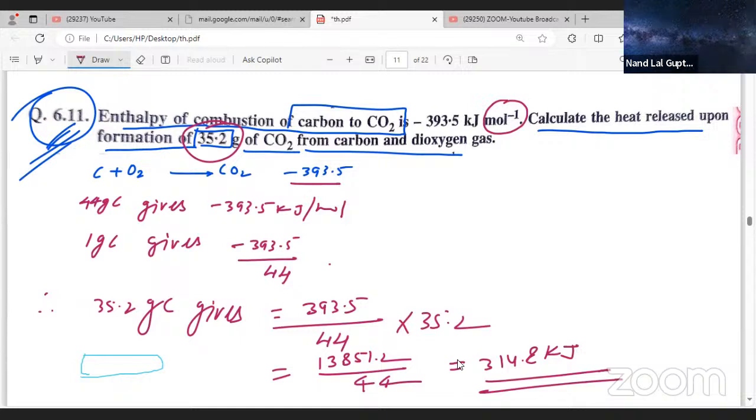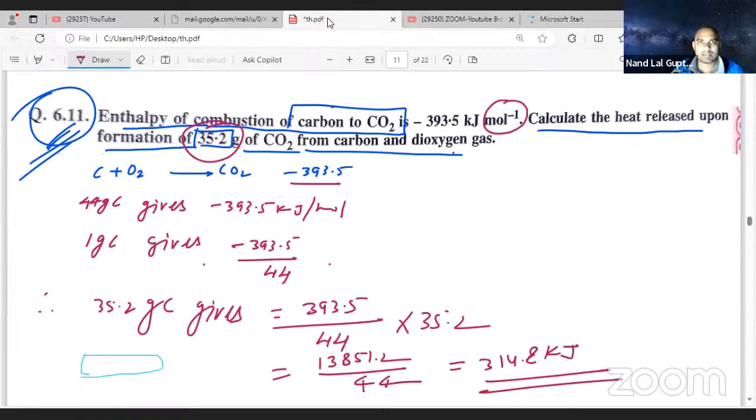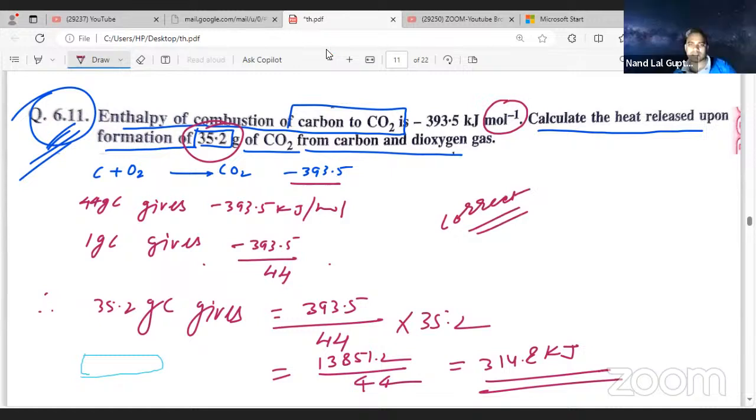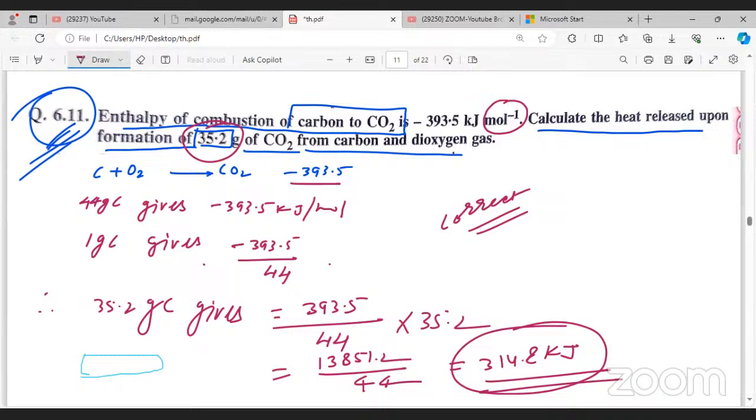You can check back the answer also if you want. 314.8, correct. This is the answer coming, Sanoy. Last step I am doing, so let me check once. Okay, no problem.